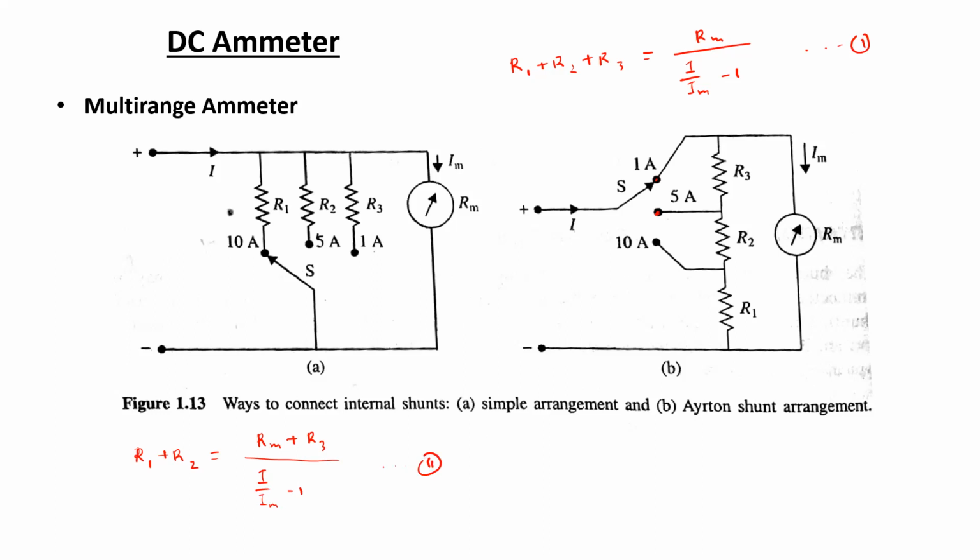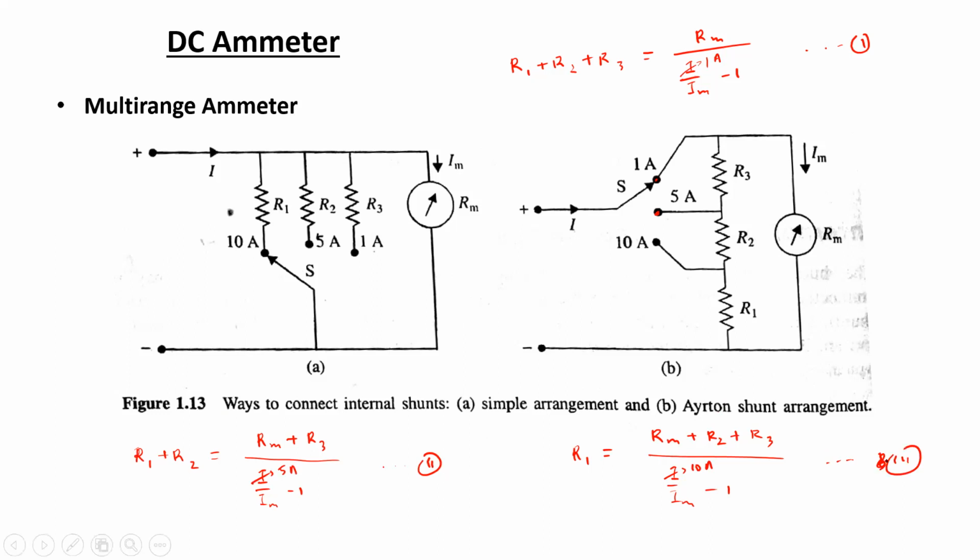Similarly, if the switch is located at the third terminal, the equation for the shunt resistance can be written as R1 equals Rm plus R2 plus R3 divided by I by Im minus 1. For the first case, the value of I is 1 ampere, for the second case it is 5 ampere, and for this case it is 10 ampere. So these are the three equations.